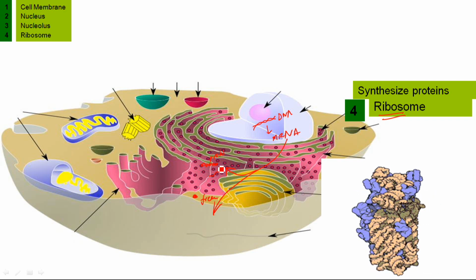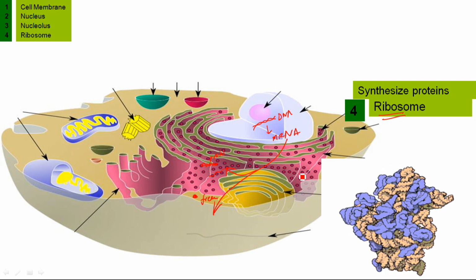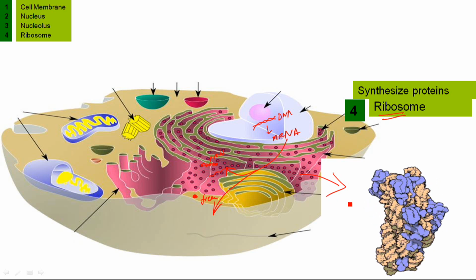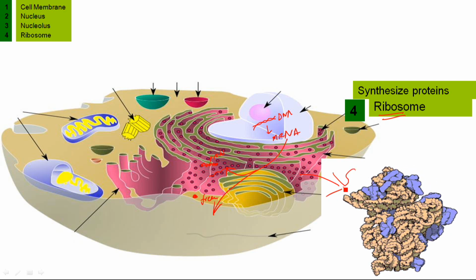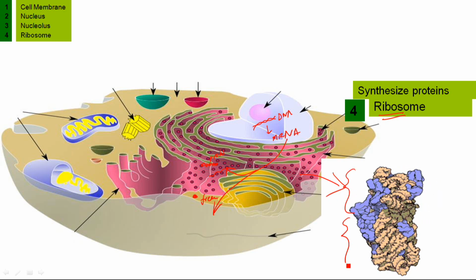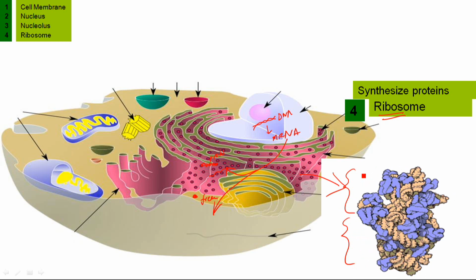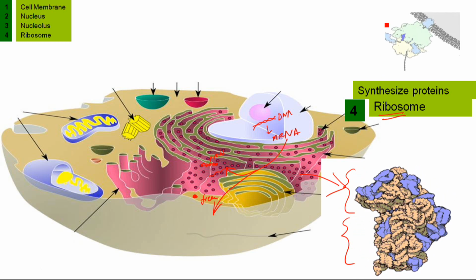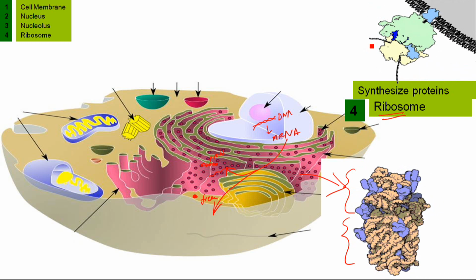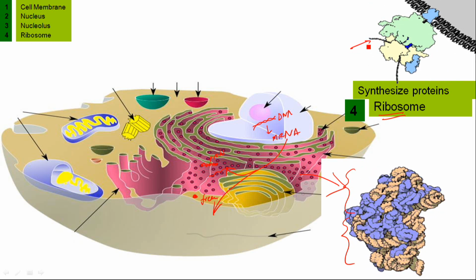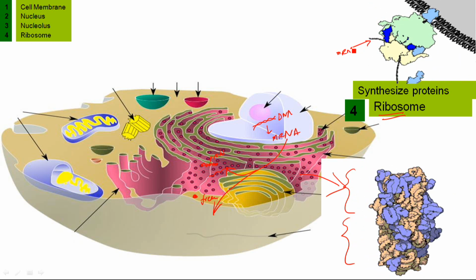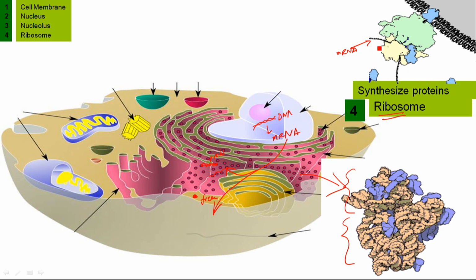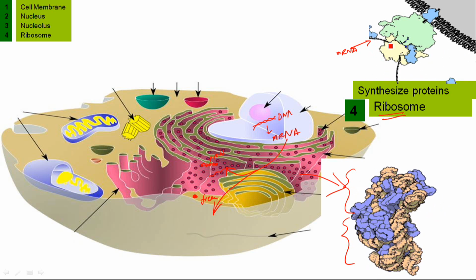And here you can see the structure of the ribosome. This ribosome has two parts, the smaller part and the bigger part. And here you can see how the ribosome makes proteins. This is the mRNA transcribed from the DNA, and depending on this template, the ribosome makes the protein.